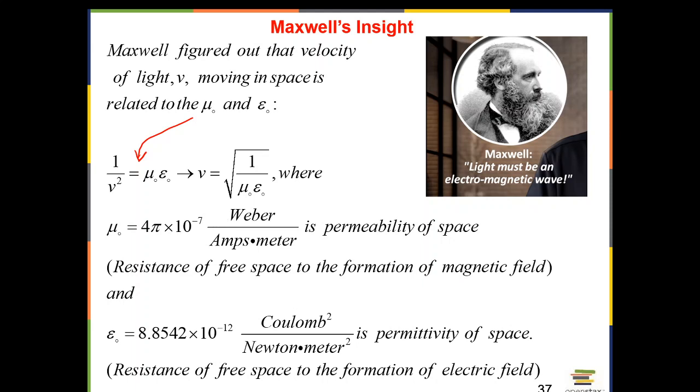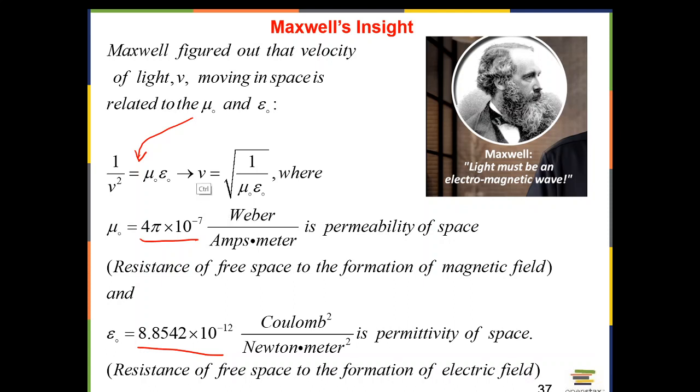If you want to create a magnetic field in free space, free space resists that, and that resistance is given by this number right here. Now, epsilon naught, or epsilon sub 0, is the resistance to the formation of an electric field. If you create an electric field, free space resists that, and that number is given by this right here.